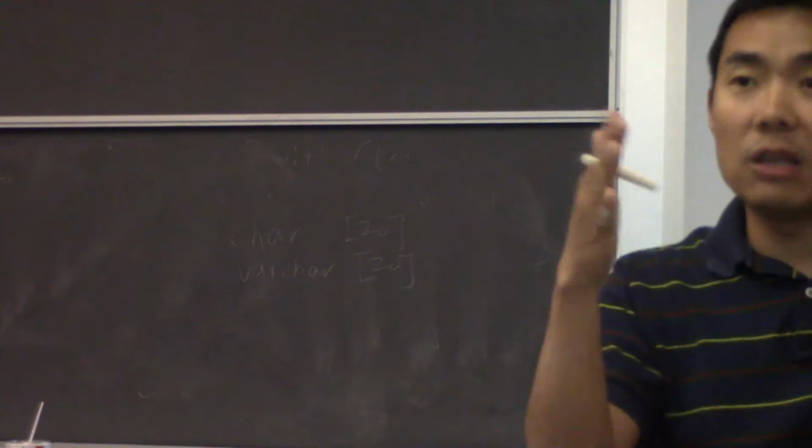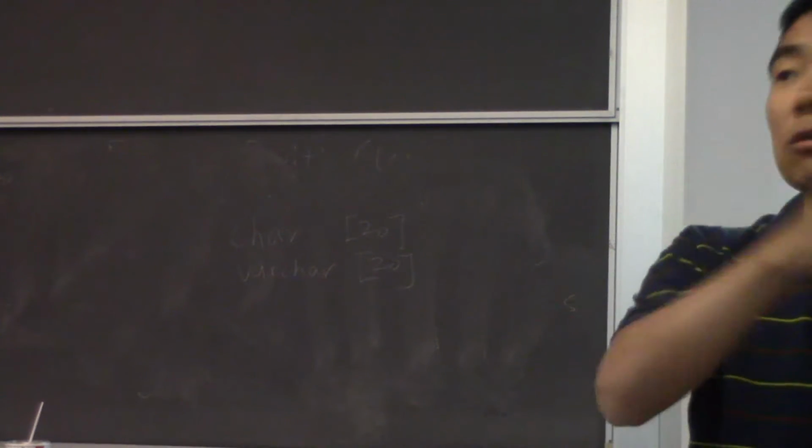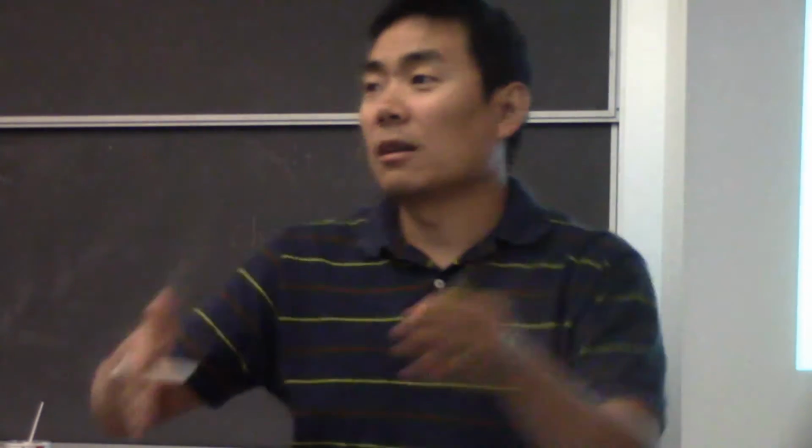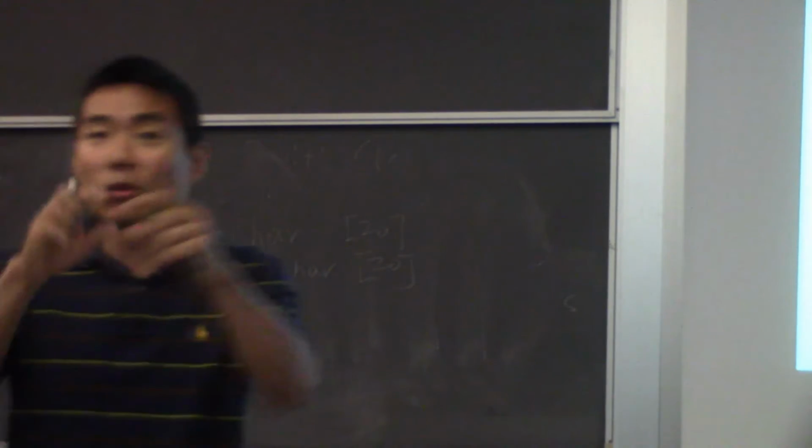Once I know your schema, I know it's fixed length: the first 20 bytes is name, the next 5 bytes is age, and so on. And once you give me a record, I can do parsing without any difficulty and without ambiguity. You follow me?